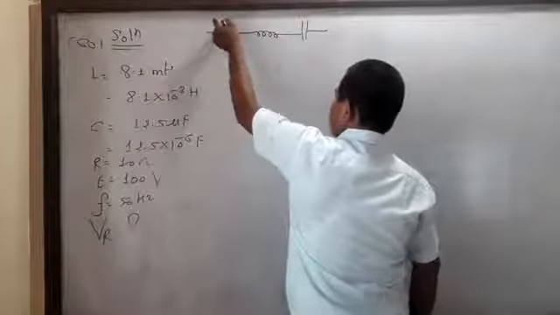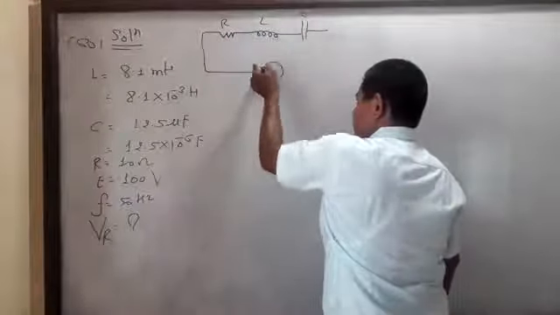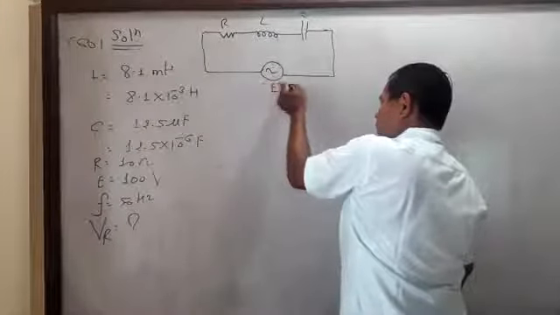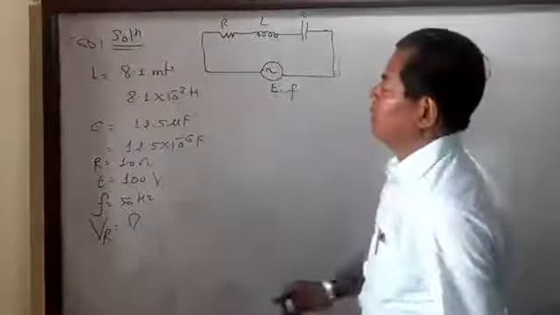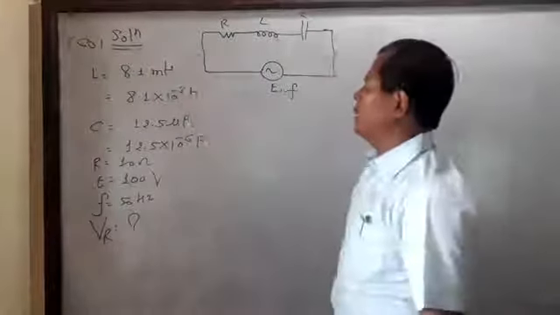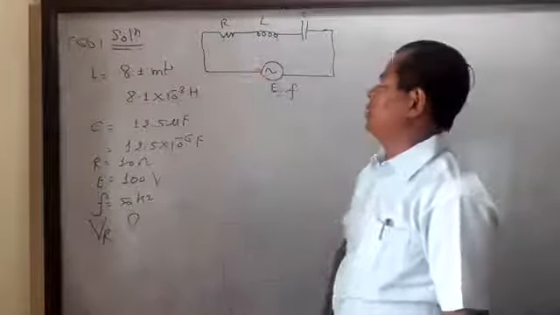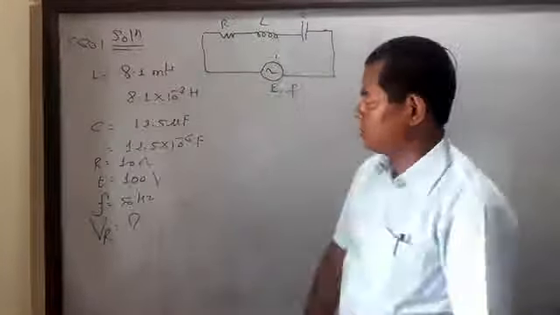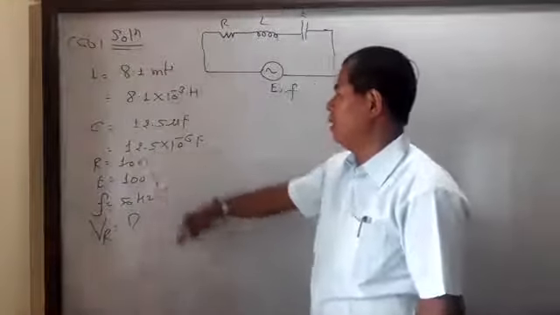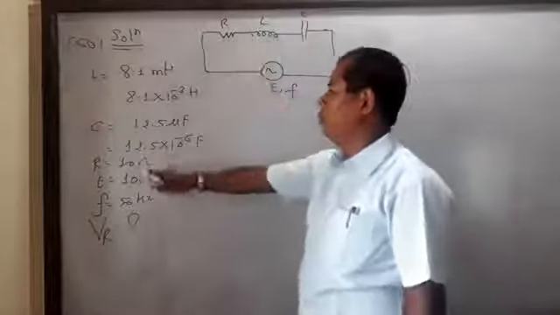This is R, this is L, this is C. They are connected in series with a source of alternating EMF E whose frequency is F. L is 8.1 into 10 to the power minus 3 Henry, C is 12.5 into 10 to the power minus 6 farad, and R is 10 ohm.